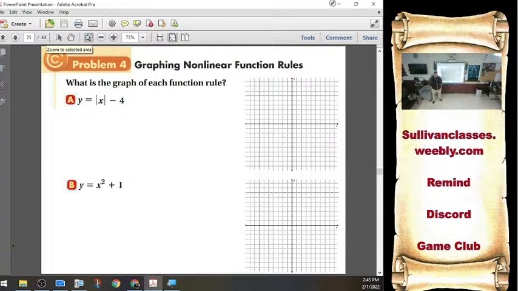So I need to know that whatever I do at the end of this, I probably need to have a positive result. So if I just ran with start at -4 and head off, well then that is absolute value of x minus 4, not absolute value of x, minus 4. That changes things. That's okay, leave that on there.